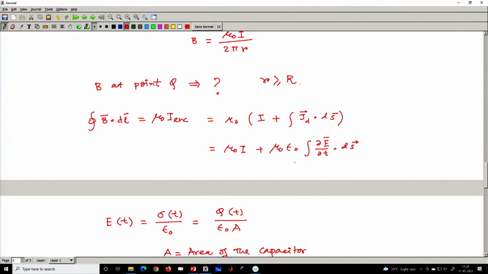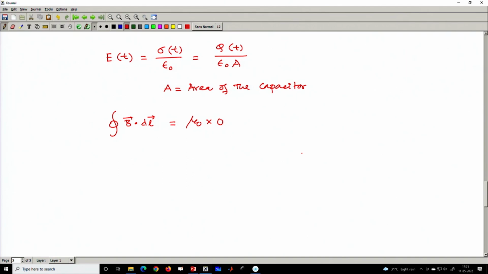This is my general expression. So, the rest of the term, if I write, it should be plus mu 0 epsilon 0, then 1 by epsilon 0 A, and then we have integration of dq, which is a function of time, divided by dt and then ds.